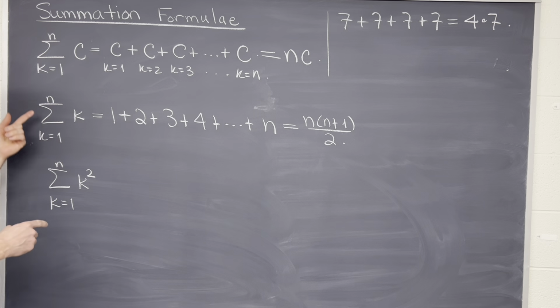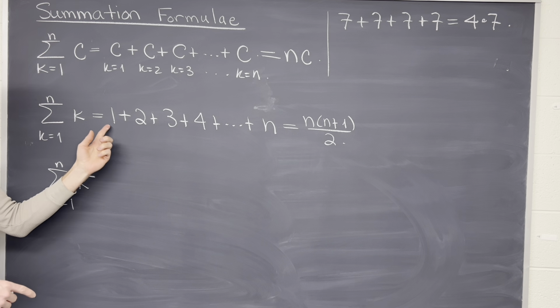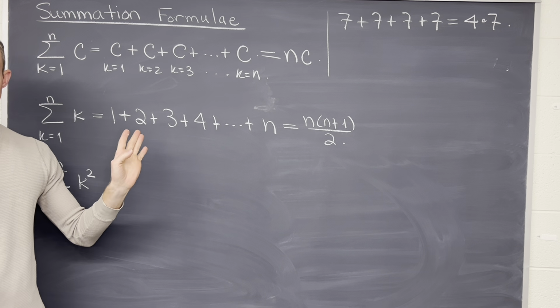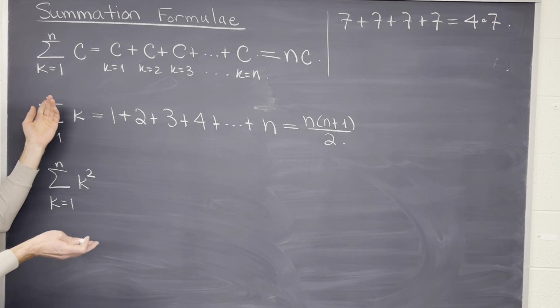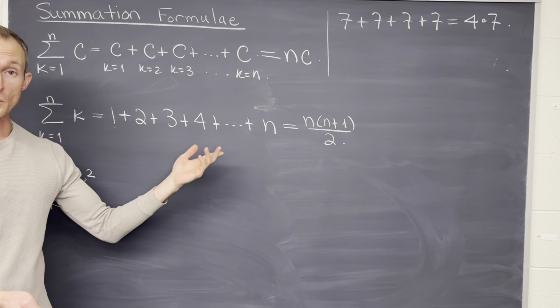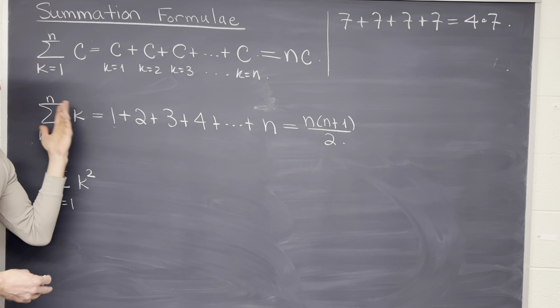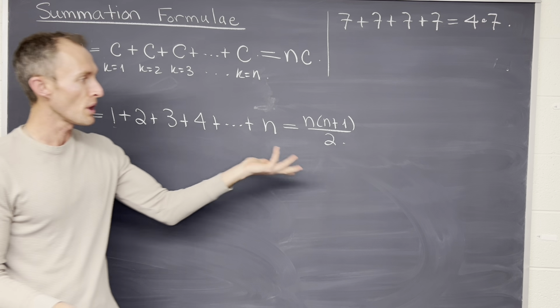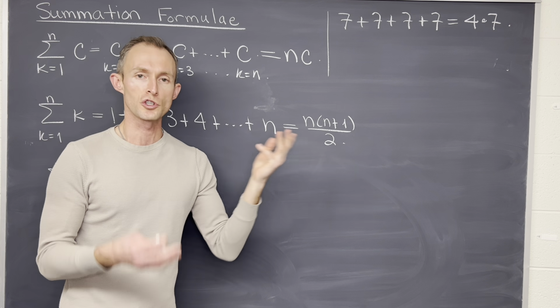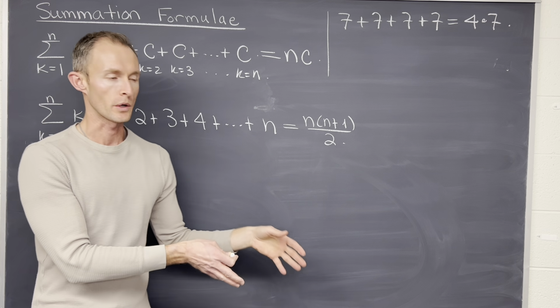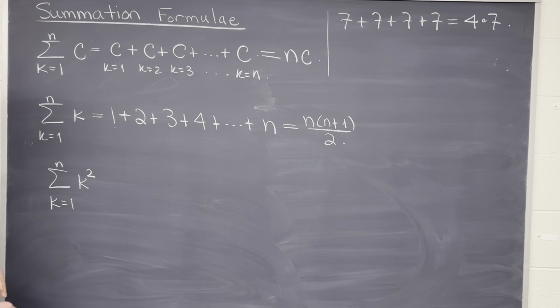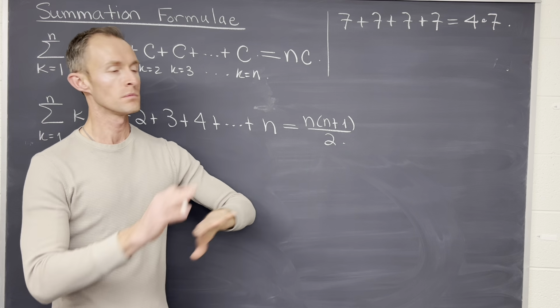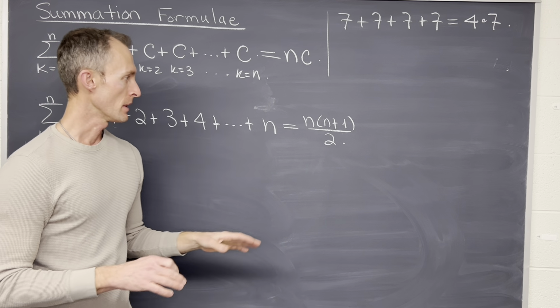If n were 3, I would say 1 plus 2 plus 3. If n were 4, that would give me 1 plus 2 plus 3 plus 4, a different answer. If n is 5, a different answer. If n is 6, a different answer. So it makes sense that the answer should depend on n. Why is it n plus 1 over 2? We'll get there.